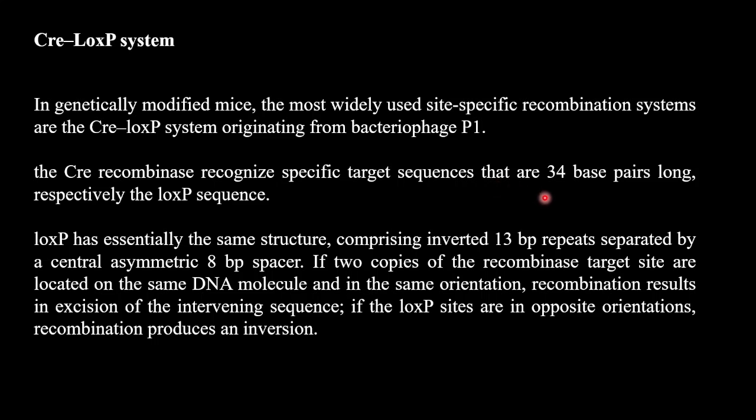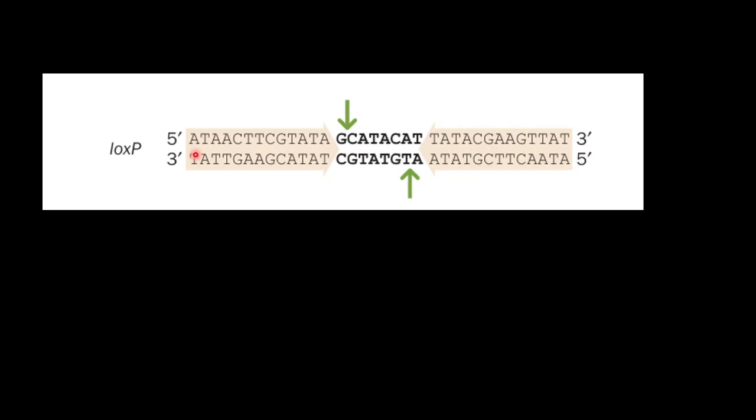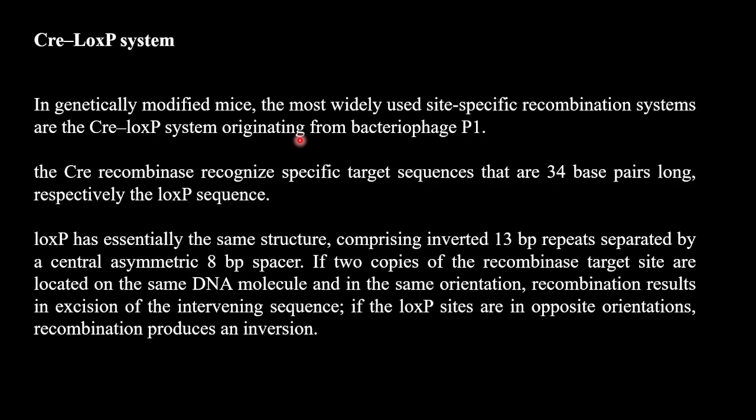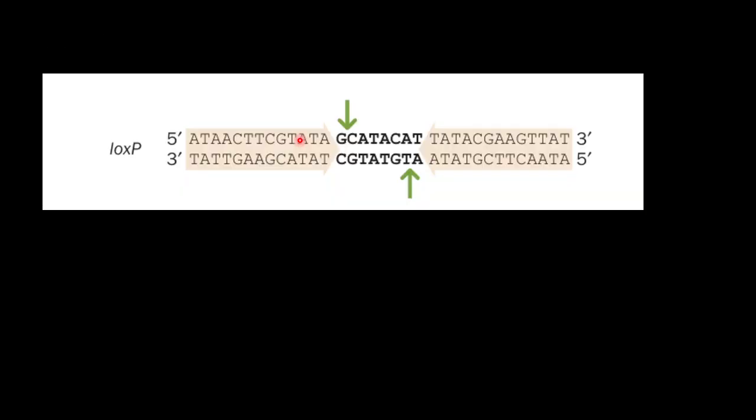And what is this target sequence? If you see here, these are the 13 base pair repeats you will see. ATAA, so you can see ATAA, C double T like this, and similarly here TATT, so you can see TATT. So these are the repeats, and these are the 8 base pair sequence.